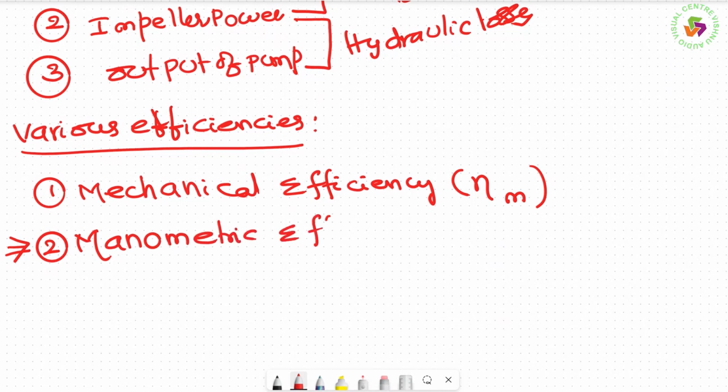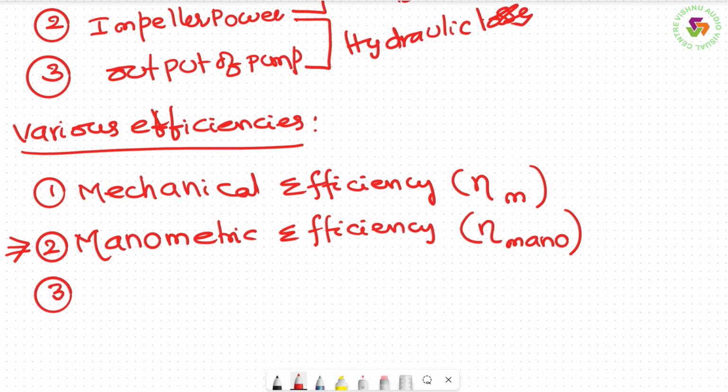This is what people will ask. Because we are civil engineers, nobody will ask regarding mechanical efficiency. But as civil engineers, our interest is manometric efficiency, especially when we talk about the hydraulic efficiency of a pump. Then the third one is the overall efficiency.